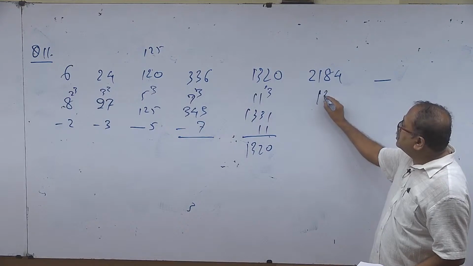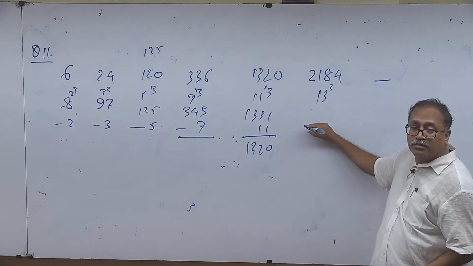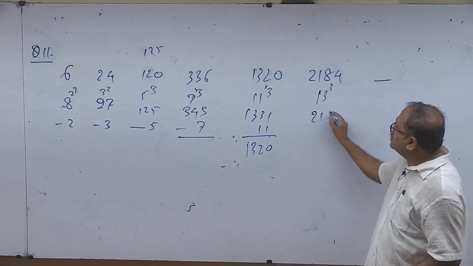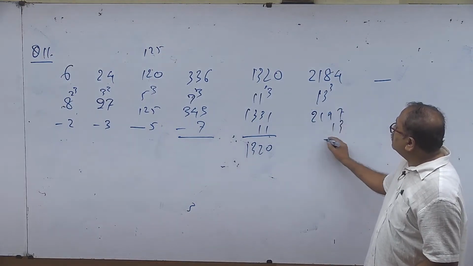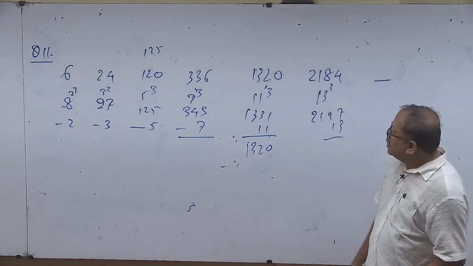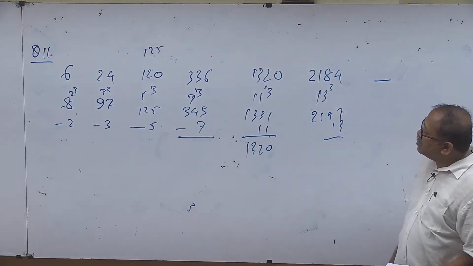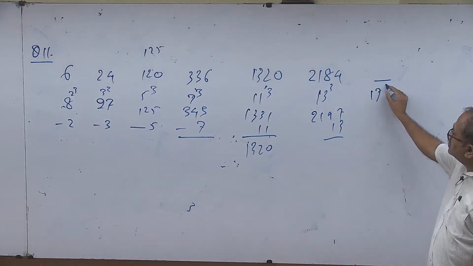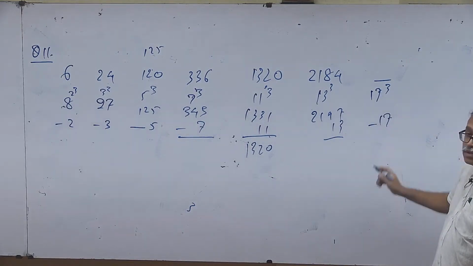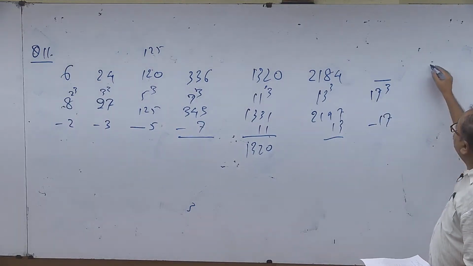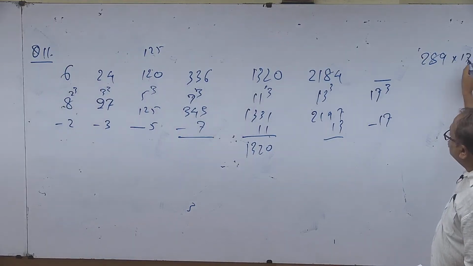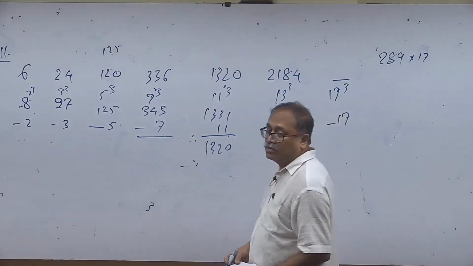That is 13 cube. What is 13 cube? 2197 minus 13. The next prime, we are on prime numbers, right? So the next prime number is 17 cube minus 17. For any reason, if you do not know 17 cube, 17 square into 17, you can go for that.